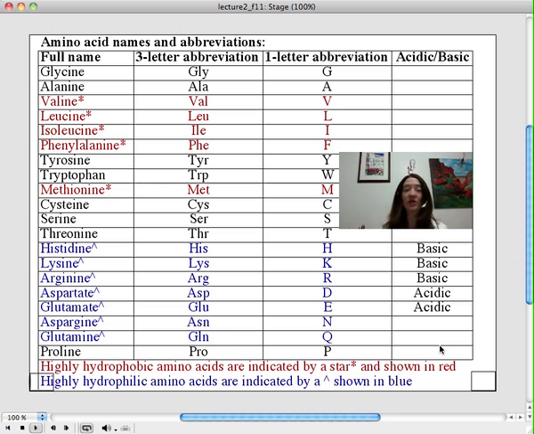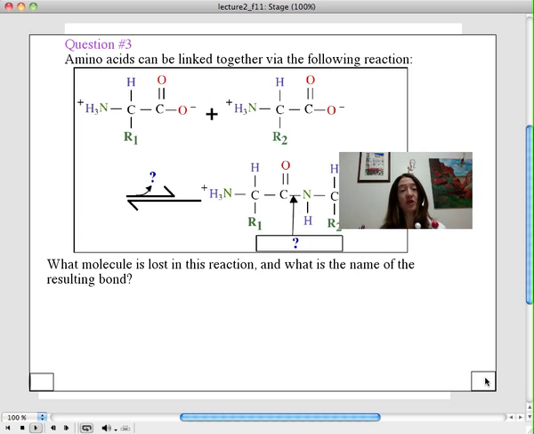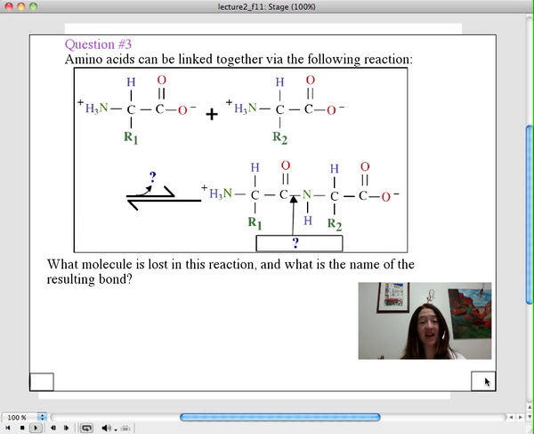Now let's look at 2 amino acids that might bind to one another. When we look at these amino acids, we always think about it as going from the amino terminus to the carboxyl terminus, and they can bind to form a linkage between the 2. So my next question is, if 2 amino acids bind together, and we can see this going on here, we've got one amino acid on the left, the second amino acid on the right.